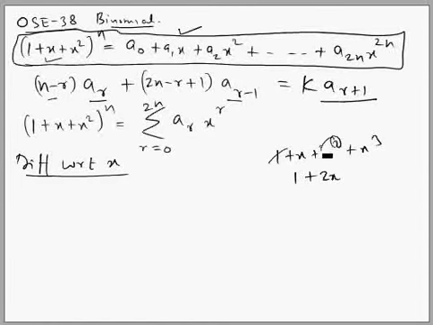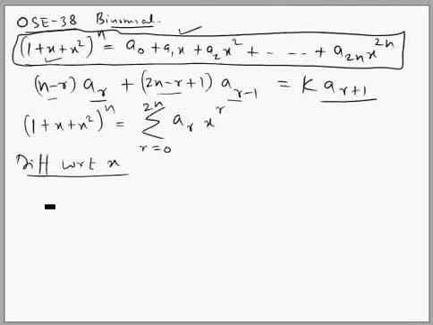So power comes in as coefficient. When we differentiate, we are shifting powers as coefficients. That is what we need to do here.